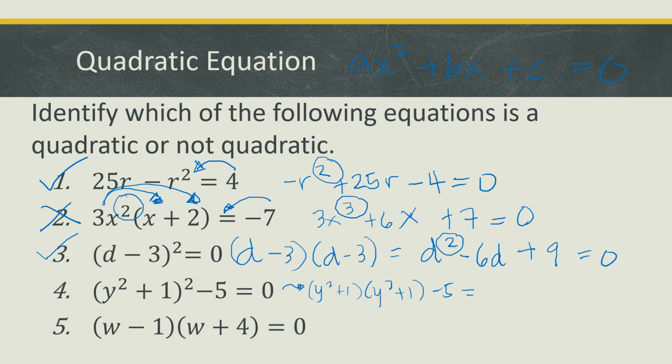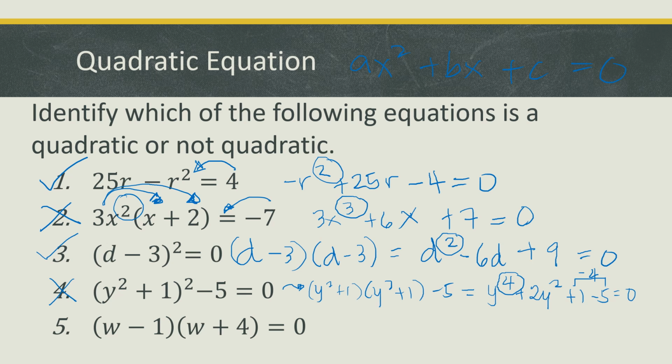Using FOIL method, we have y to the fourth plus 2y squared plus 1. Then minus 5 is equal to 0. And plus 1 minus 5, that will give us minus 4. And if you have observed, the highest exponent is 4. So therefore, this is not a quadratic equation.